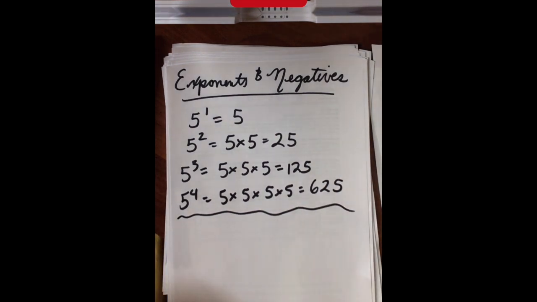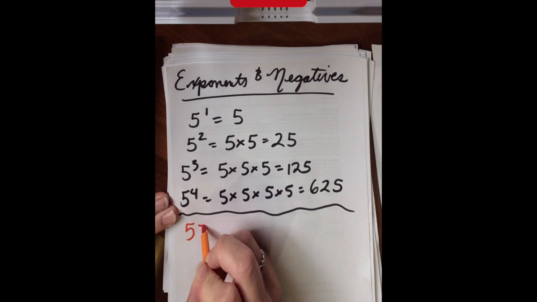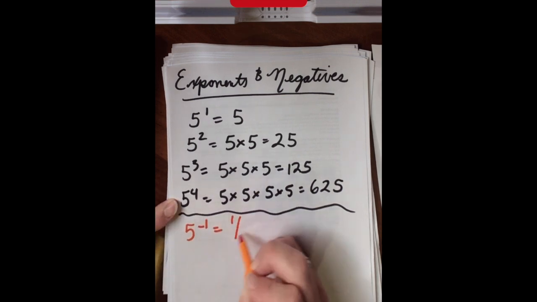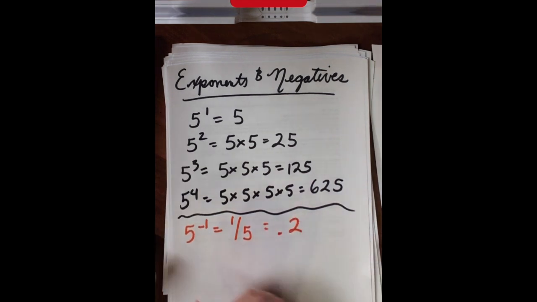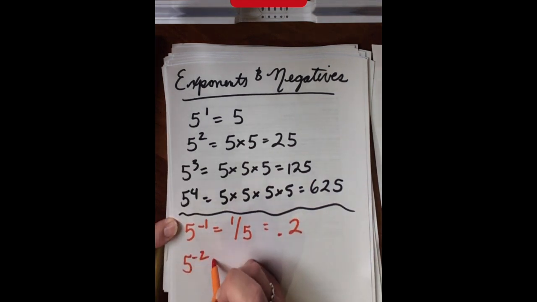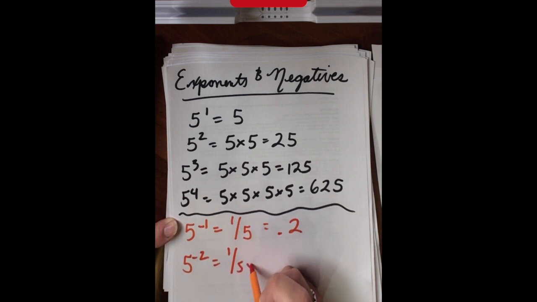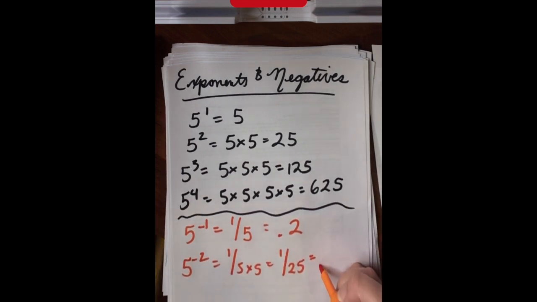Now, when we throw in negative exponents, something very strange starts to happen. We get 1 divided by 5, which is 2/10. And then 5 to the negative 2 power is 1 over 25, which is 4/10.